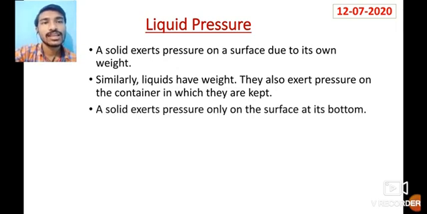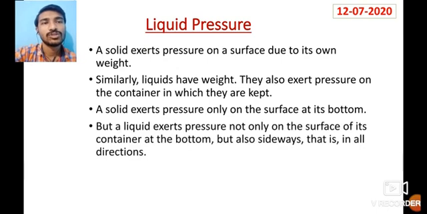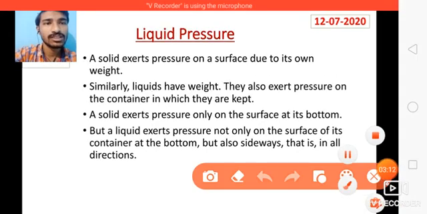A solid exerts pressure only on the surface at its bottom. So a solid exerts pressure only on its bottom. But a liquid exerts pressure not only on the surface of its container at the bottom but also sideways, that is in all directions. You have to remember one thing, students, here.